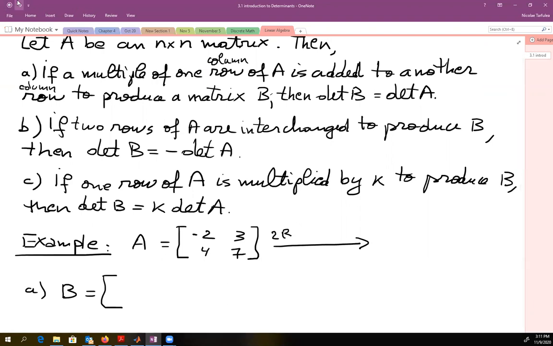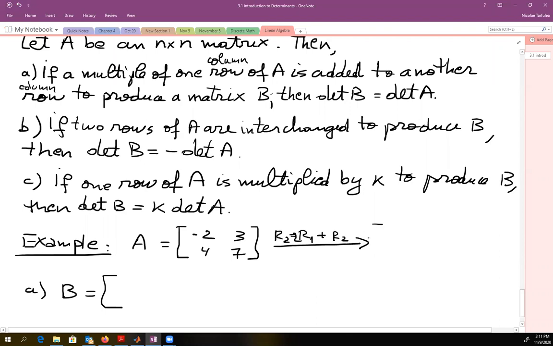Let me write it in a more understandable way: the new row R2 is Q times R1 plus R2.